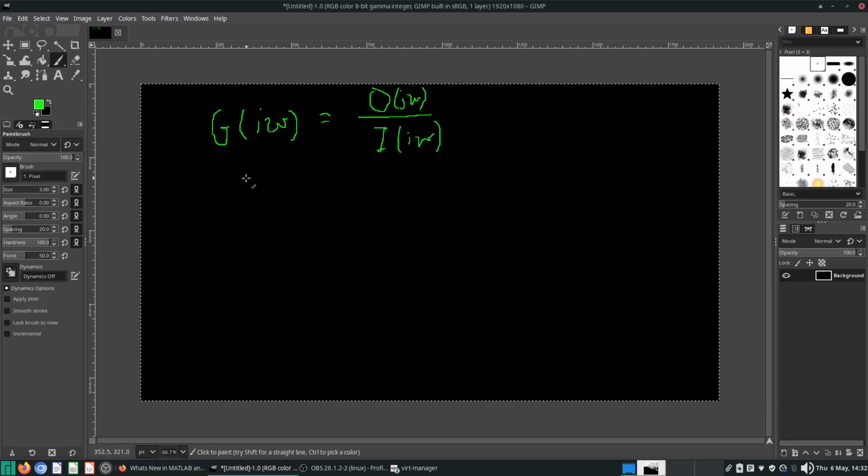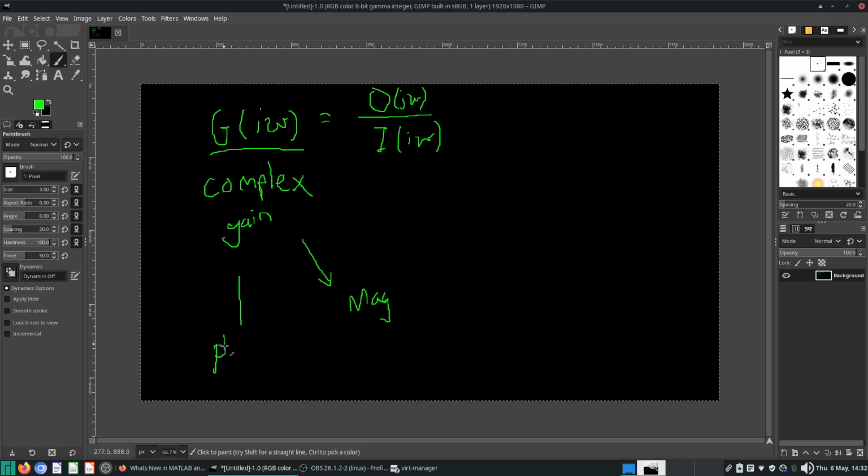So this will be your transfer function, something like complex gain.